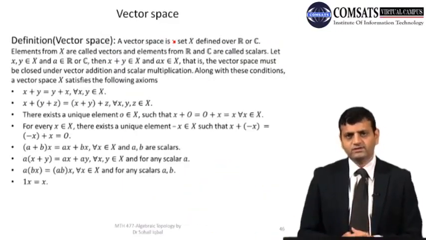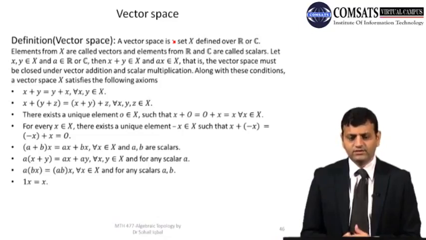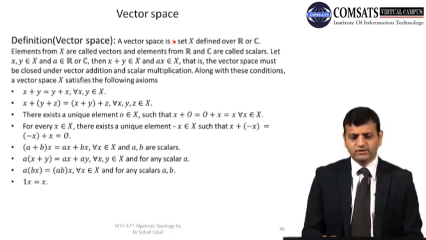So our next concept is vector space. What is a vector space? A vector space is a set X over a field R or C or any other field. It's a vector space if it is an abelian group under addition.